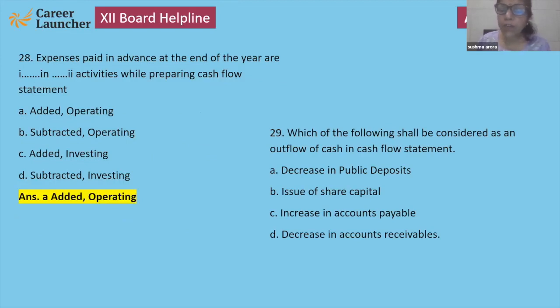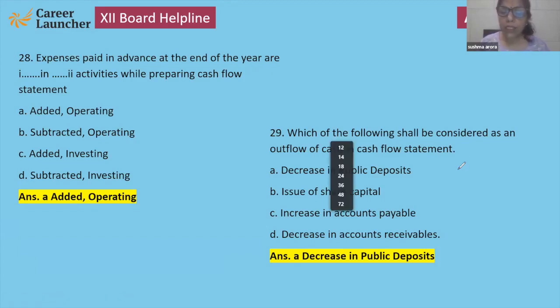Okay, which of the following shall be considered as an outflow of cash in the cash flow statement? Outflow. Decrease in public deposits. Decrease in public deposits means the company repaid the amount. Okay, one by one. Here again, I am going to show you how to use that. See, issue of share capital, use elimination theory.